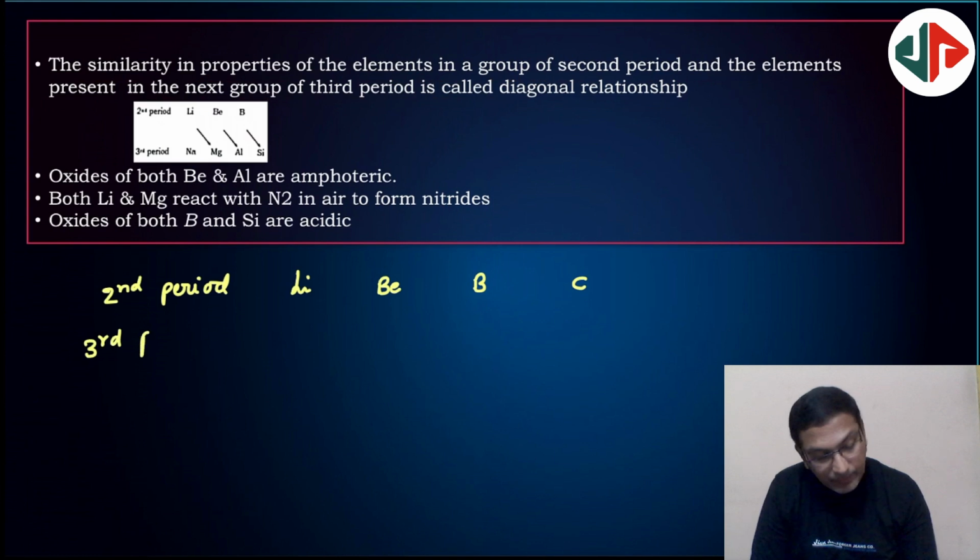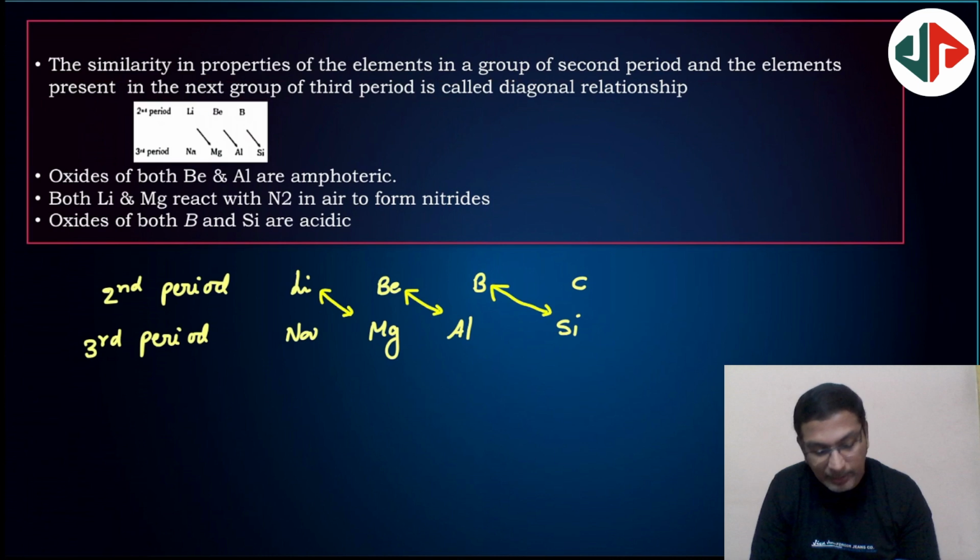Third period, sodium, magnesium, aluminum and silicon. So observe here, lithium and magnesium are diagonally similar. Beryllium, aluminum diagonally similar. Boron, silicon diagonally similar.